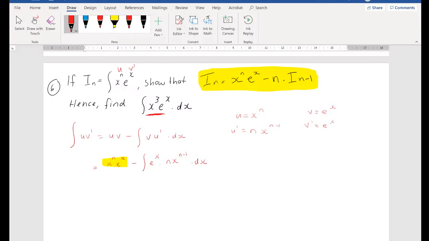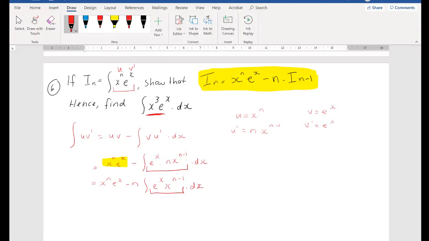And that's where you should be able to see straight away by looking at this. This is the question exactly. If I take out the n, let me do one more step here. This is exactly the question that we got given.